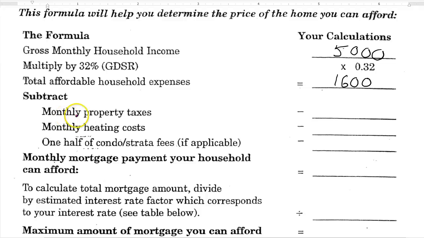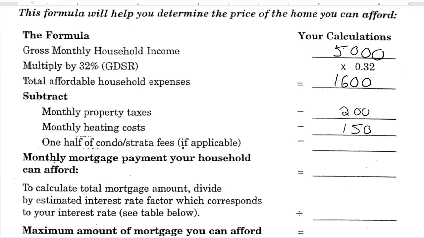It tells me to subtract my monthly property taxes, which were $200, and subtract my monthly heating costs, which are $150. Now this form does bring in a third idea, one half of the condo or strata fees, if applicable.